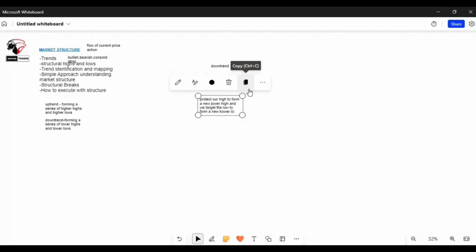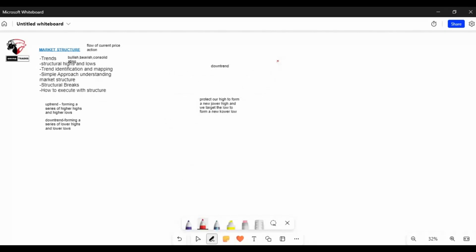So I'm going to illustrate this quickly. For a downtrend, I think I'm going to use red. Oh sorry, that's bad, forgive my art. We have a better illustration in this. So we have this high, a low, lower high, lower low, lower high, lower low, lower high, lower low.